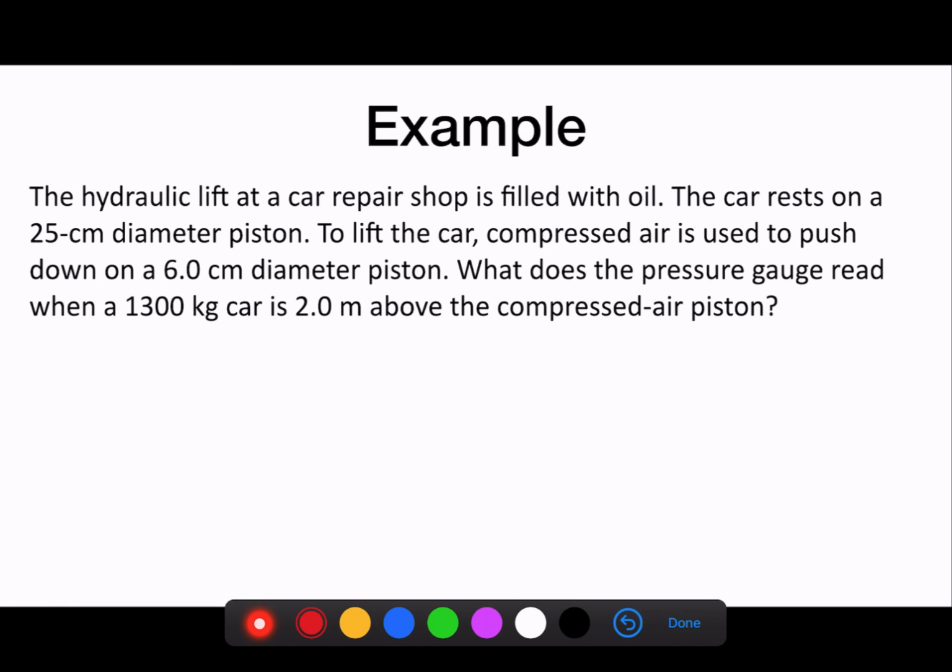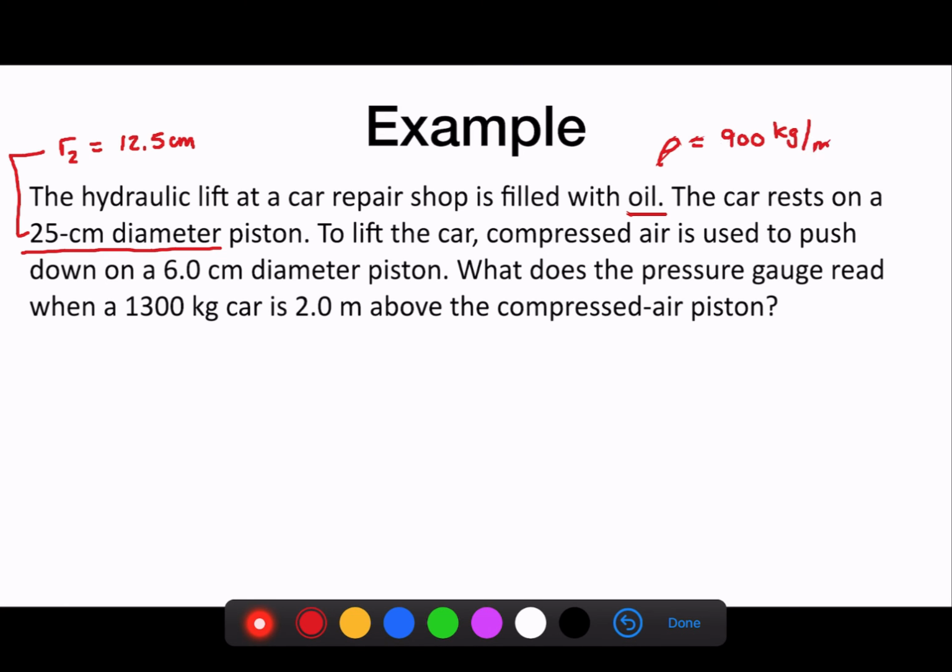So let's start with looking at what our knowns are. Our car, which we've been calling point 2 or related to point 2, has a radius of 12.5 centimeters. We know that our lift is filled with oil, so we can use our table to look up the density of oil. That's 900 kilograms per meter cubed.